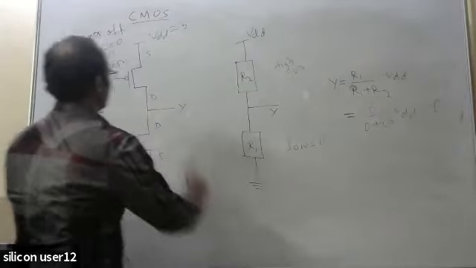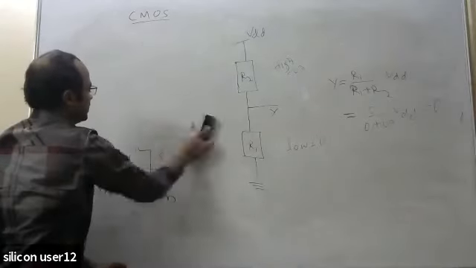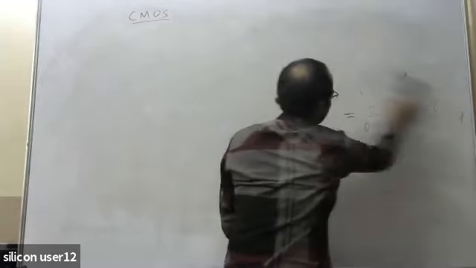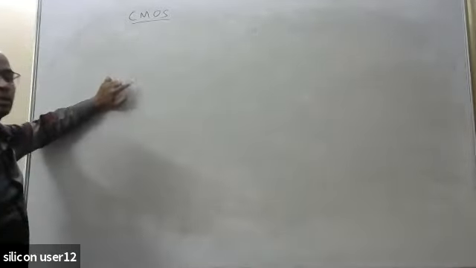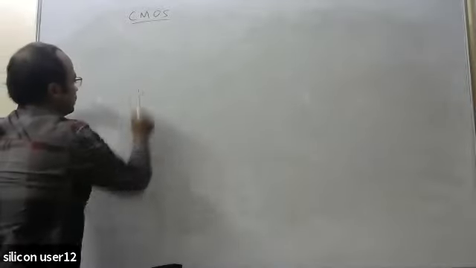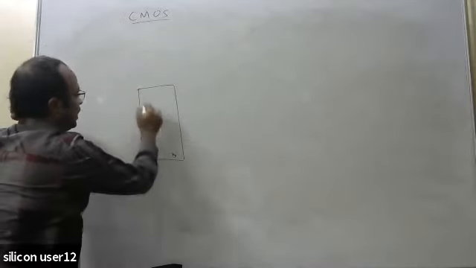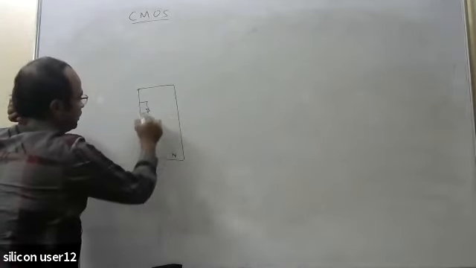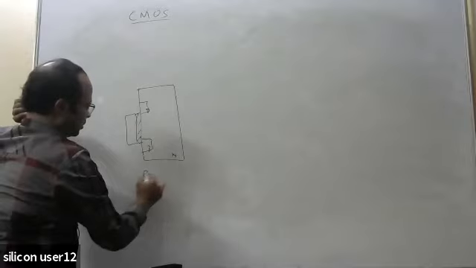One more thing we'll see is its construction, how this complementary MOSFET is physically constructed. Here we are observing that we have one PMOS and another NMOS. You know that PMOS is created like this: we have an N type substrate for a PMOS, and these are P, P, P. So this is your PMOS.